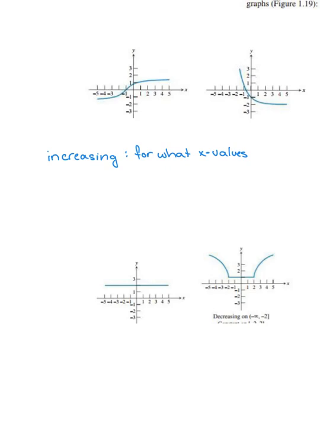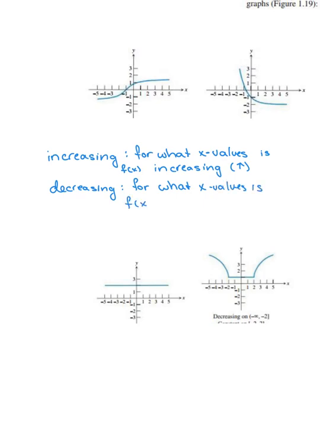So for what x values is f of x or y, however you want to look at it, increasing, going up. Decreasing: for what x values is f of x decreasing, going down.